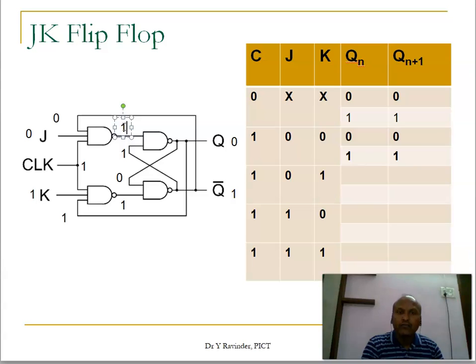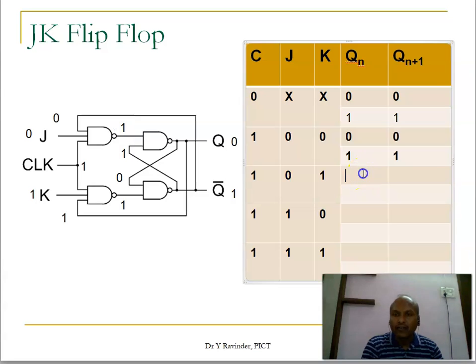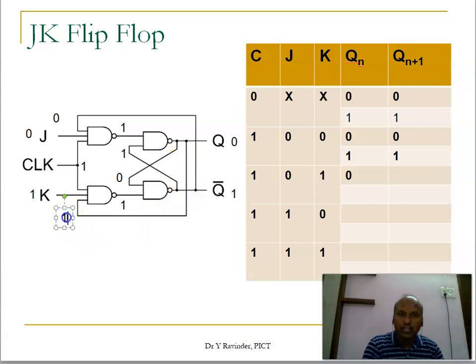Okay, now this is 1, this is 1. I don't know this and this. Now I will assume that this is 0. So this 0 will go here, and this 1 will go here.